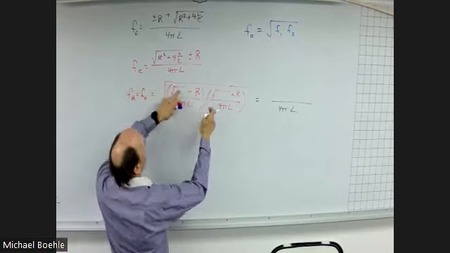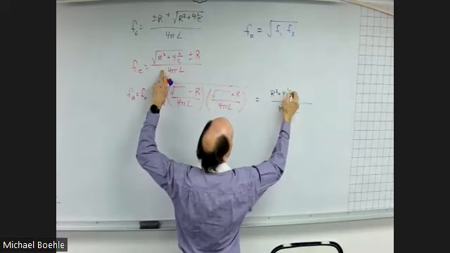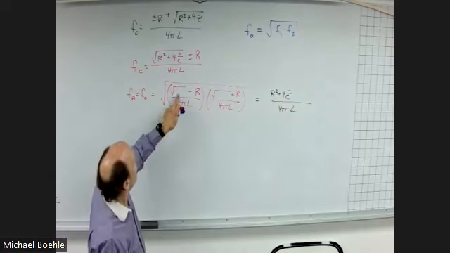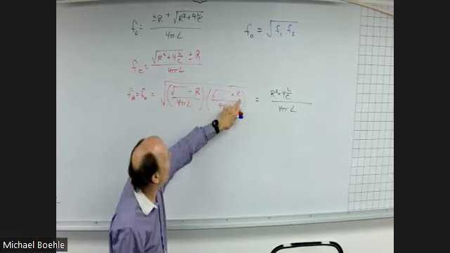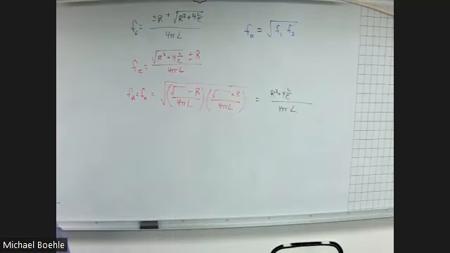So all of that, this times that, becomes R squared plus 4 times L over C. That's the first. Now, outside and inside, what happens? The outside is the radical times R. The inside is the radical times negative R. What are those two going to do? They are going to cancel. Right? Everyone got that?